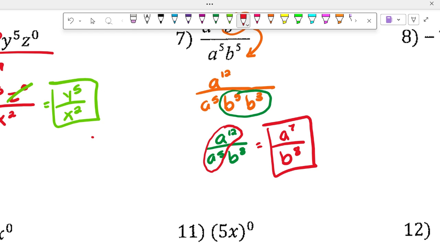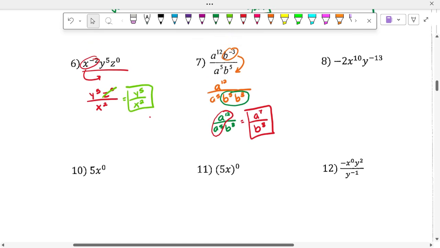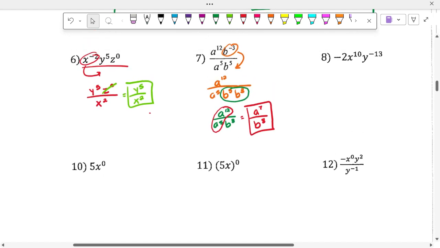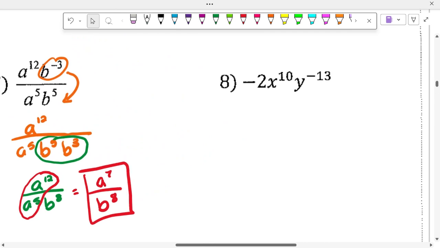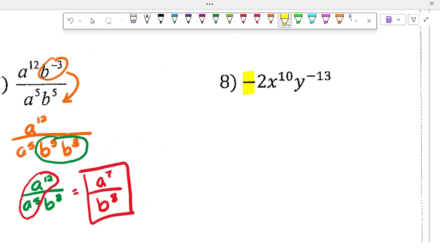Any questions so far? All right, number 8. Be very, very careful when it comes to negative exponents and just multiplying by a negative. This right here does not mean move the negative 2 to the bottom and make it positive.